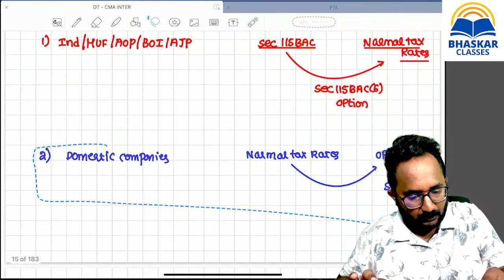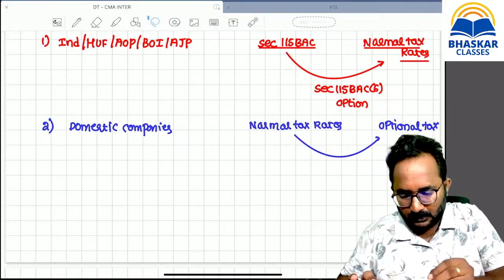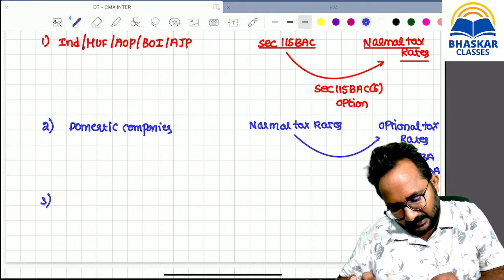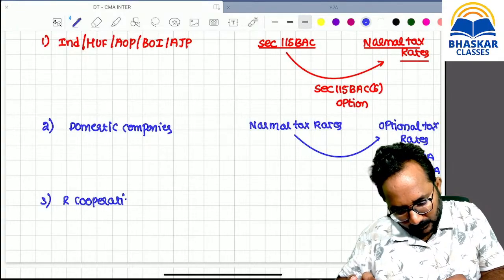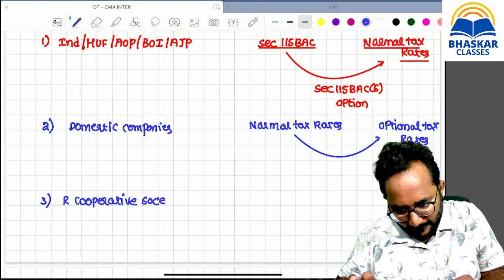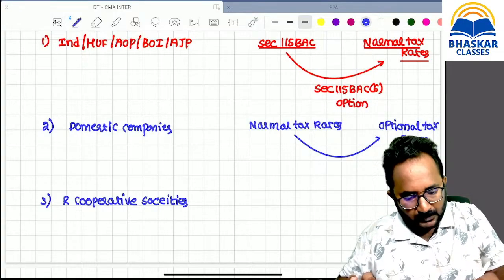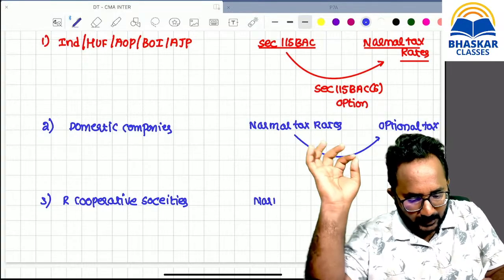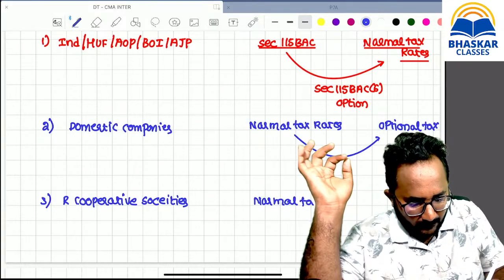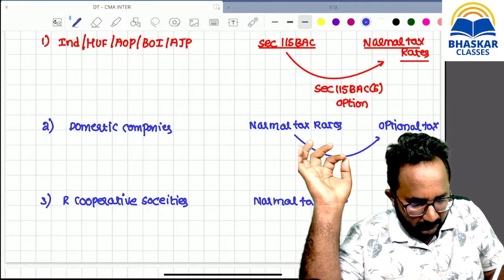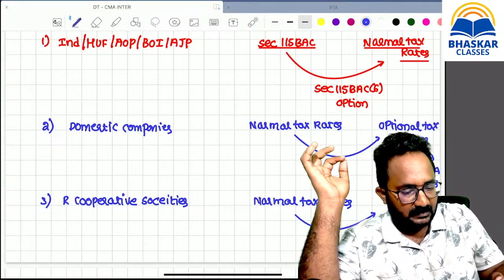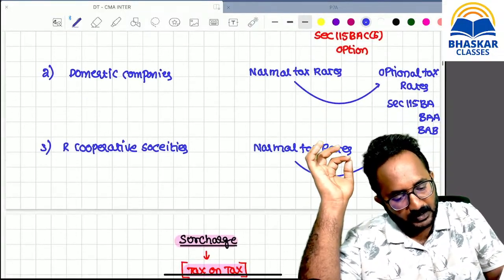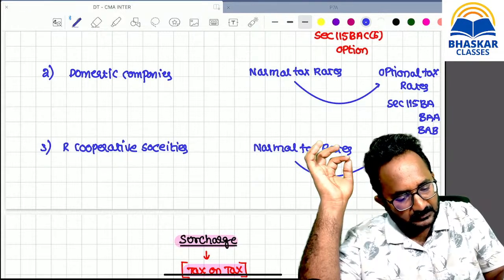Domestic companies over. Now, third one, resident cooperative societies. Normal tax rates are the default one. Since they are resident cooperative societies, we can provide the optional tax rates.